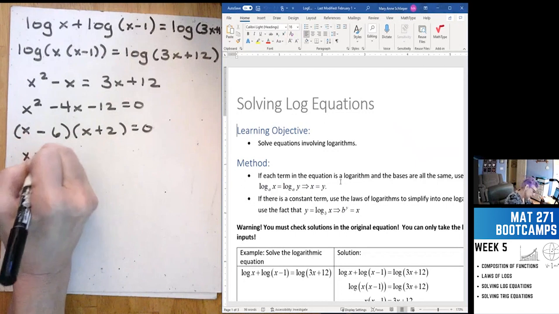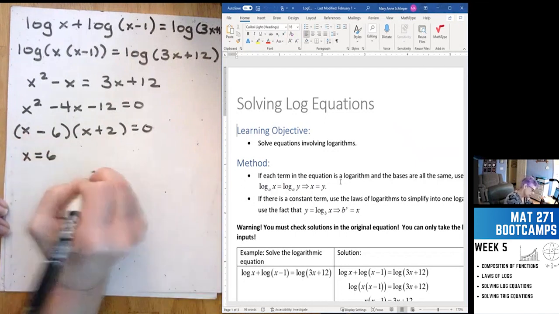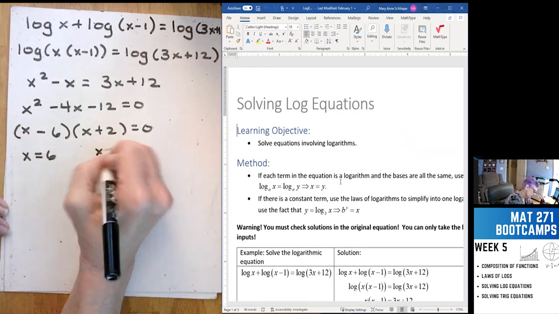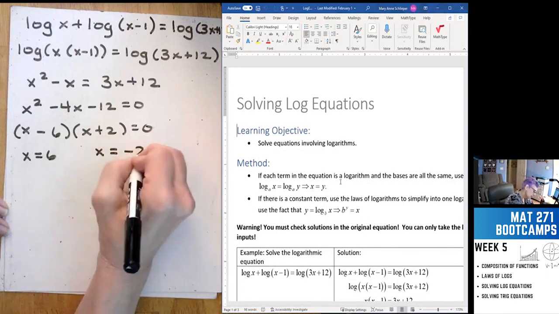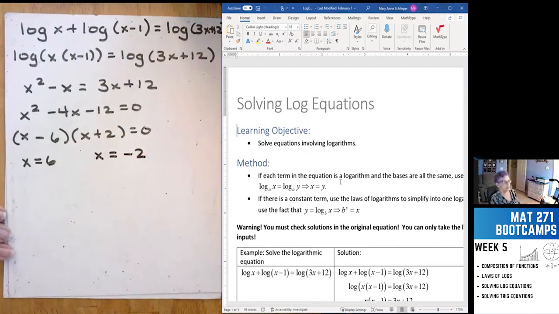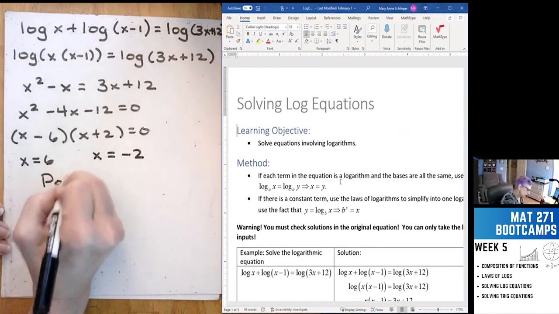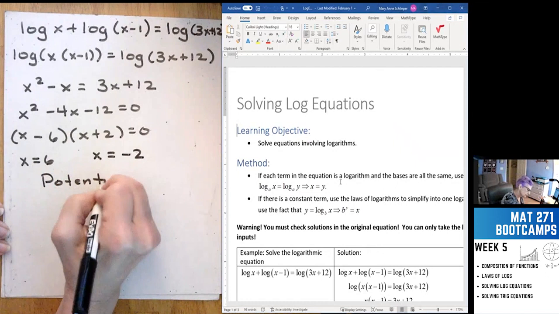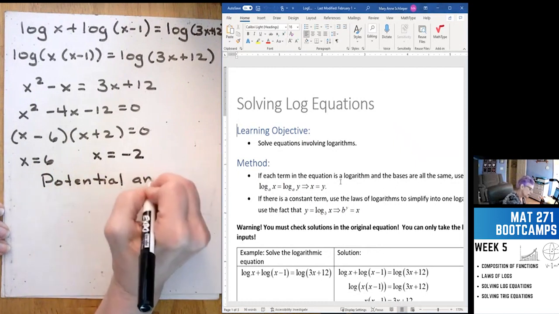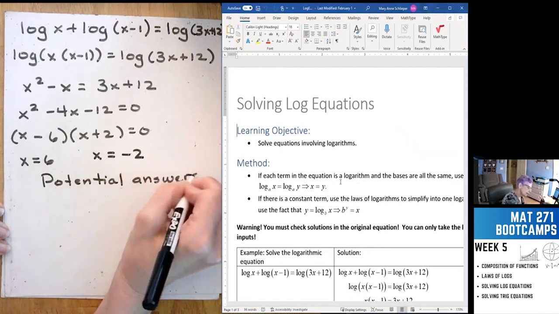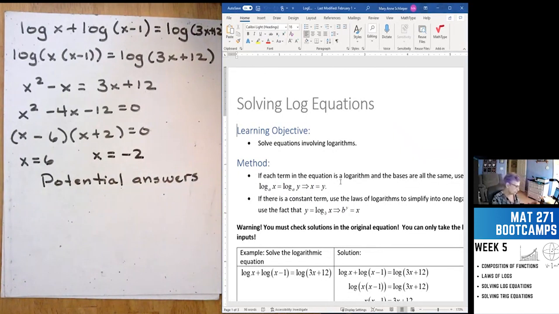So I get two potential answers: x is equal to 6, and x is equal to -2. These are only potential answers because I always have to go back and check in the original.